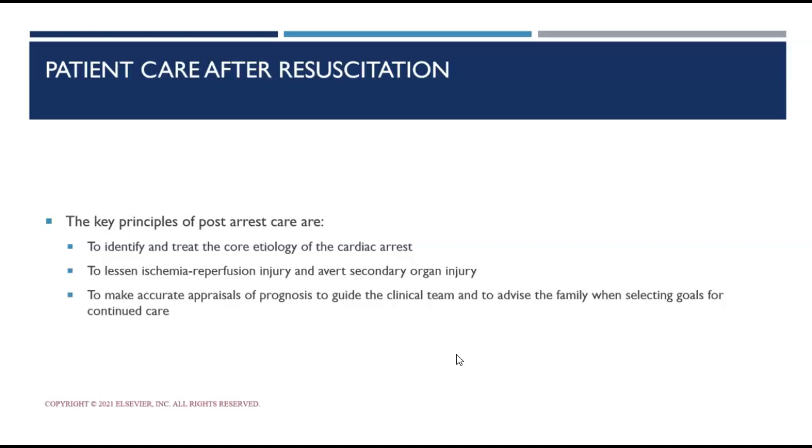When the brain then all of a sudden gets reperfused, those free radicals are going to get released, and that can create secondary injury to the brain tissue after the initial incident of not getting oxygen. So one way we help do that is therapeutic or targeted temperature management, which we're going to talk about in a couple slides from now.